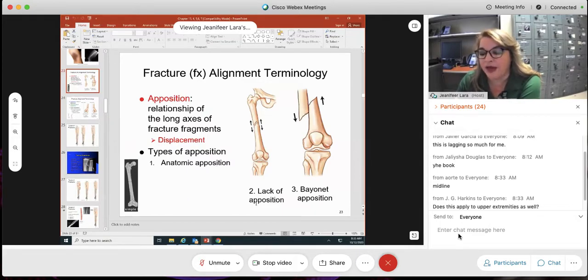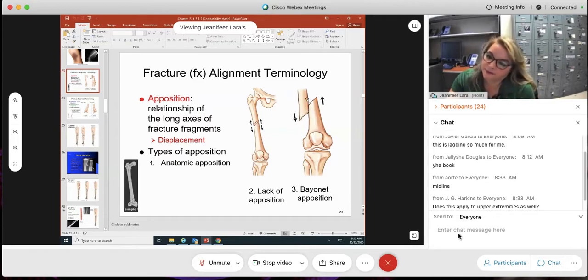If we have a lack of apposition, the fractured ends are not making contact with each other. However, they can either be displaced or not displaced in an angulation. And then the bayonet apposition means that two fractured ends are not in alignment with each other. They are parallel and touching.